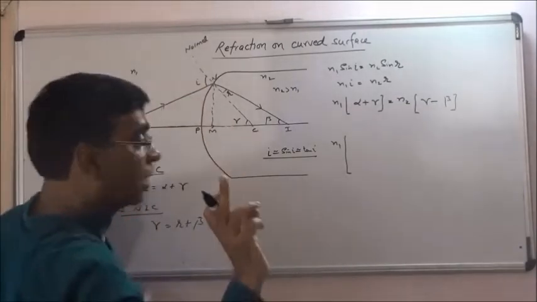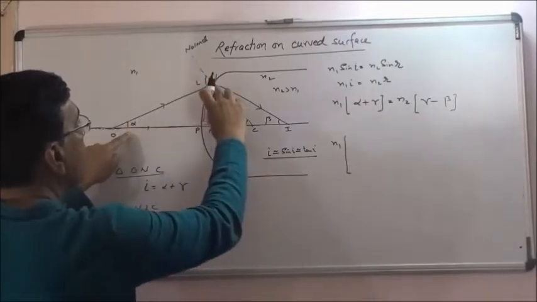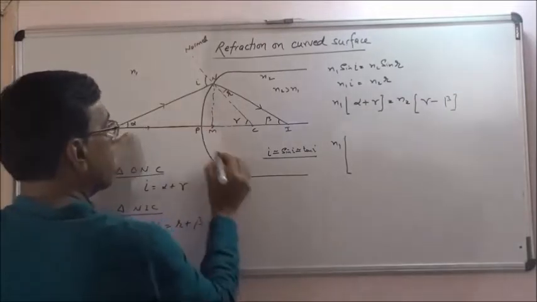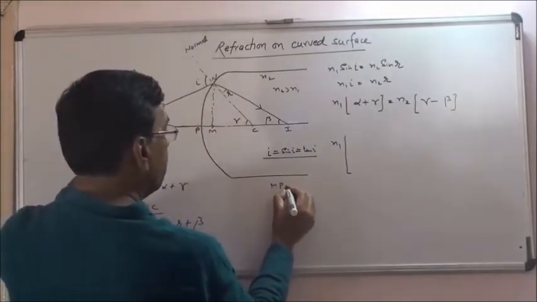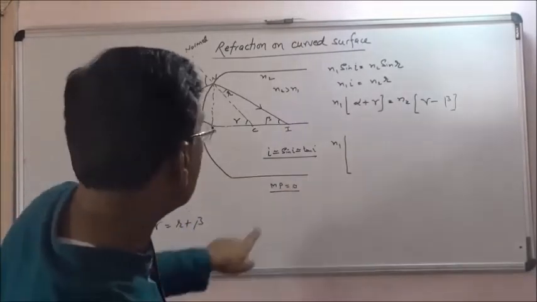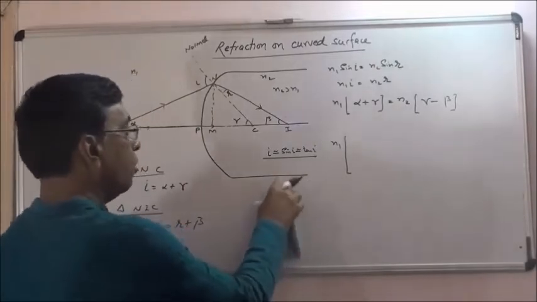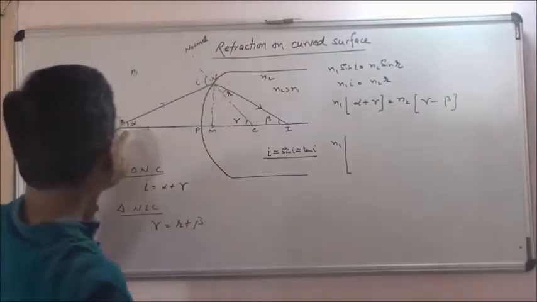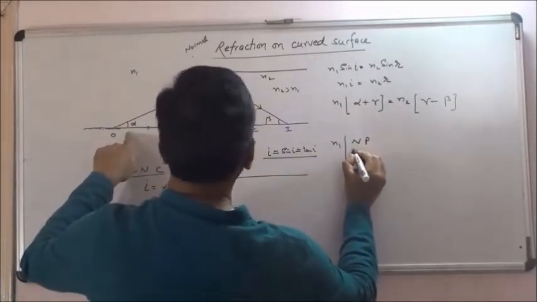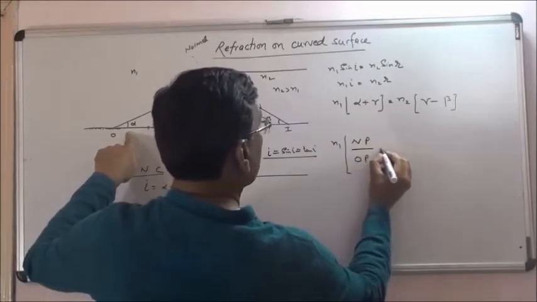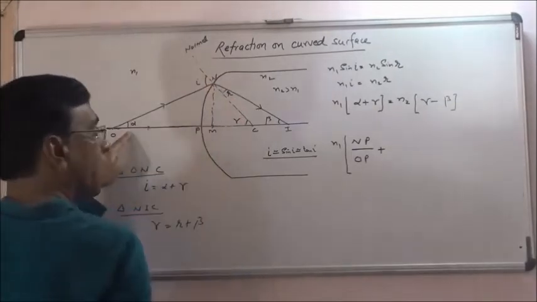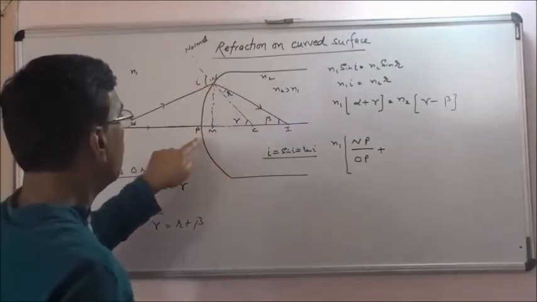Alpha, which can also be taken as tan alpha, is NM upon this, and I will take M as the same as P. So I am taking NP as 0, which means M and P I will be taking as the same point. So tan alpha will be NP upon OP, or you can write NM upon OM and then M as P.